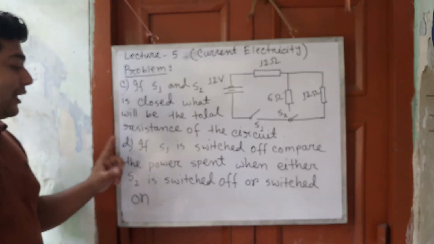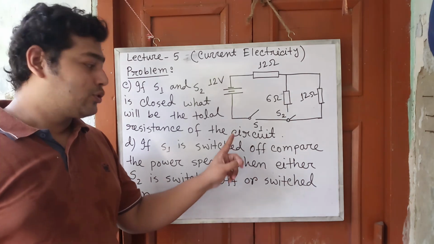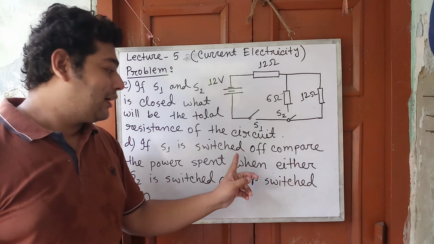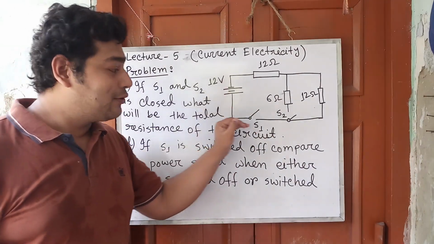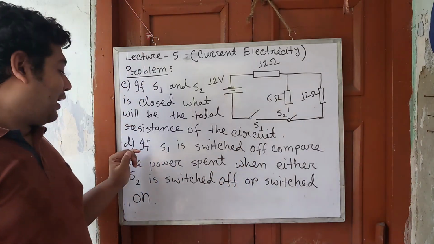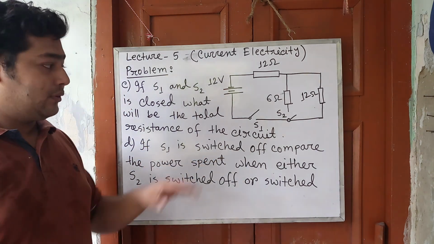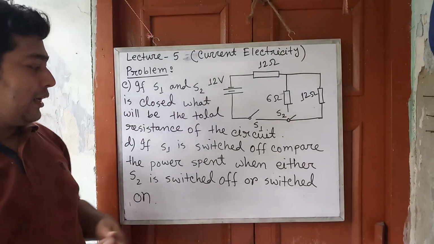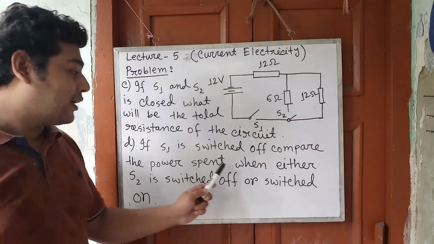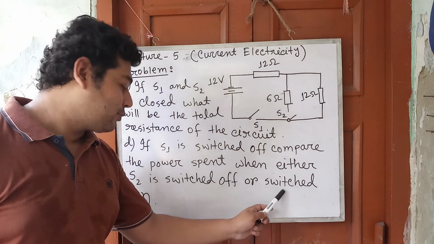Question number D is, if S1 is switched off, here switched off means closed, and the current will flow through the wire. Again, if S1 is switched off, compare the power spent when S2 is either switched off or switched on.